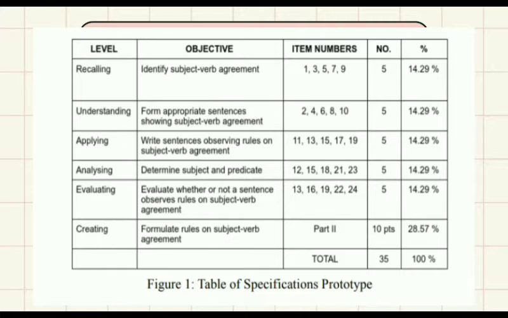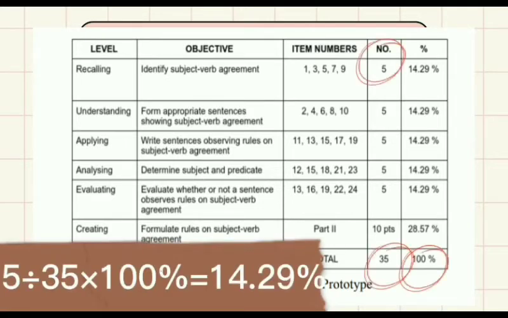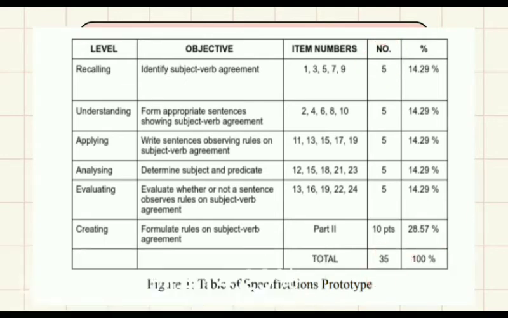So for us to get the 14.29%, we have to divide the 5 by 35, the total of test items, and multiply it by 100, and we have 14.29.